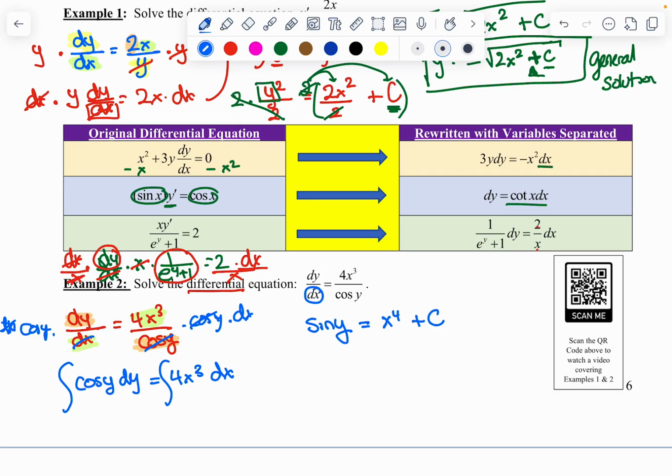Well, how do we get y by itself? This is a trig function, and you know that if you take the arcsine of both sides, the arcsine cancels out the sine, and you're left with y equals arcsine of x to the 4th plus c.